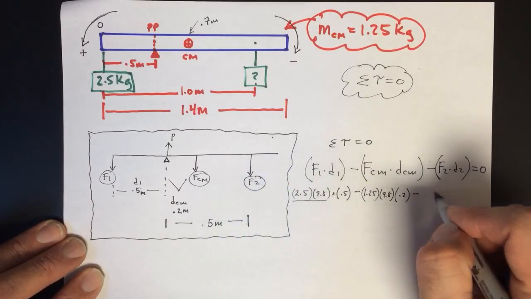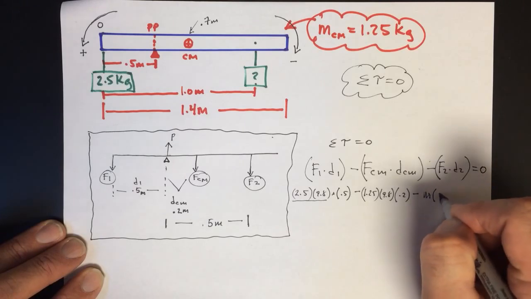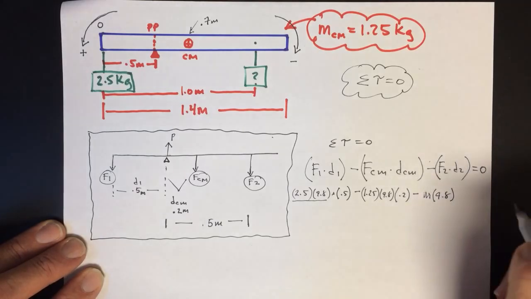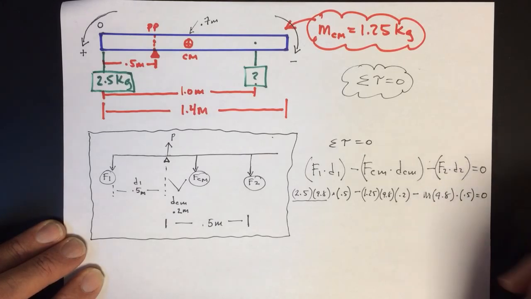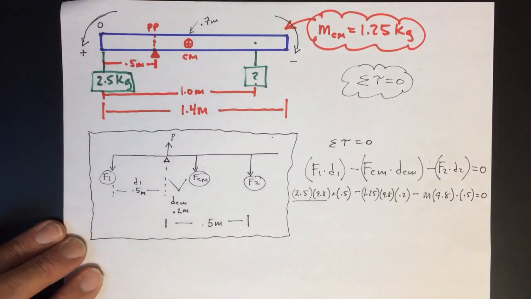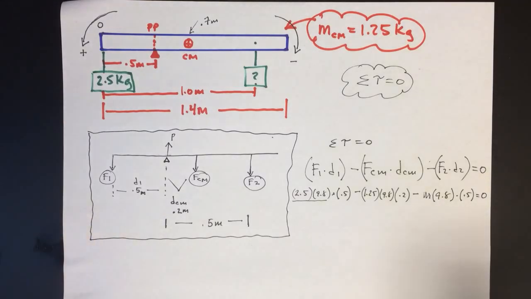Now I don't know what F2 is, but I know it's M times 9.8. That would be F2 times 0.5, and that's equal to 0.